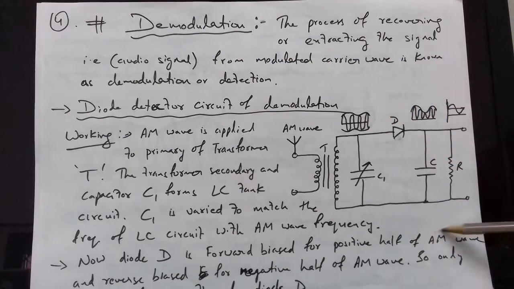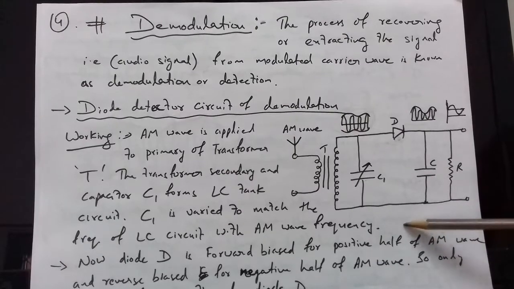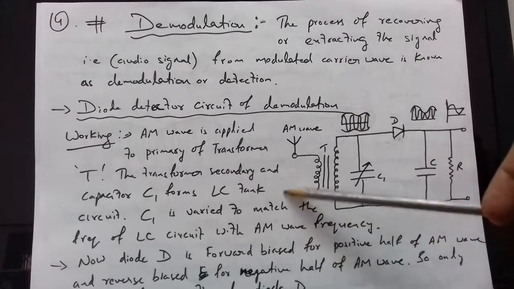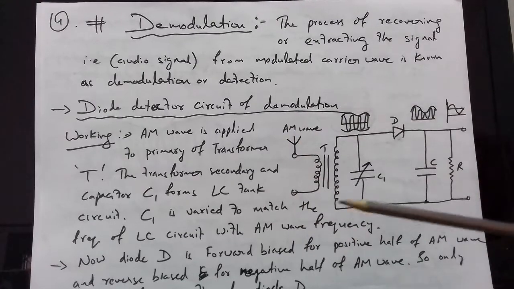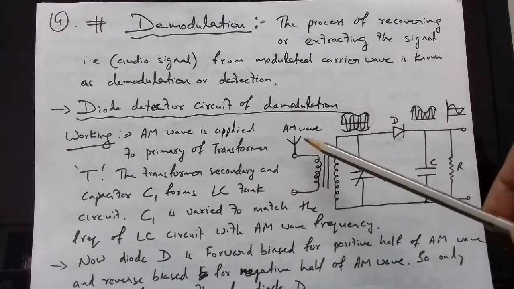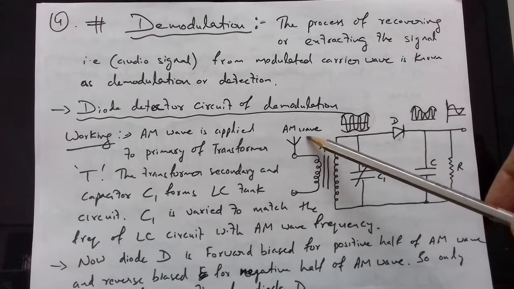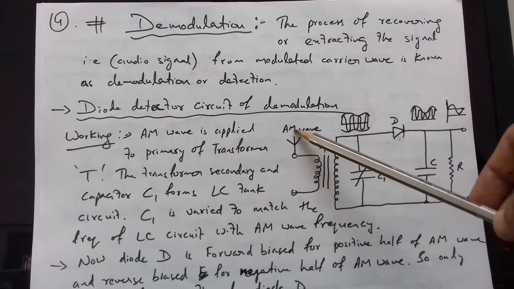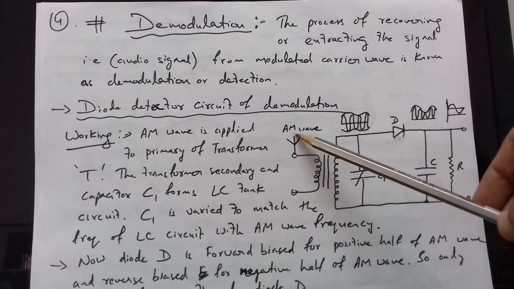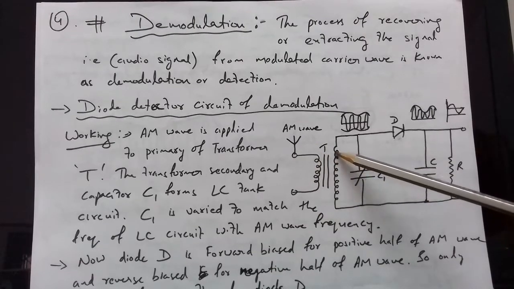So this is a simple demodulating circuit which we will discuss in this lecture. Here you can see that the AM waves which have reached the desired place get transmitted through this antenna into the circuit.